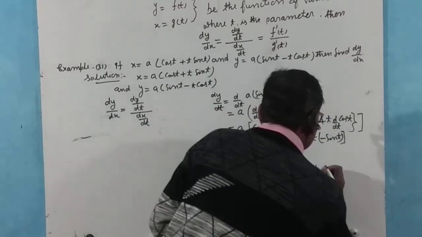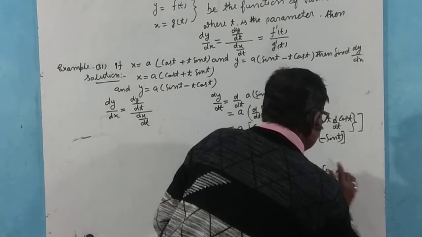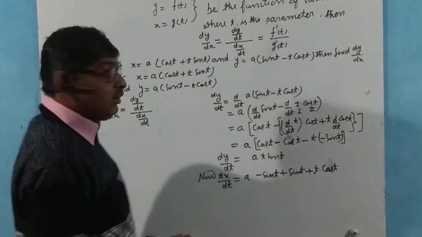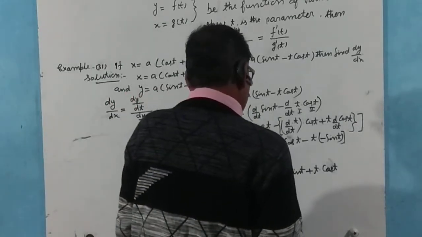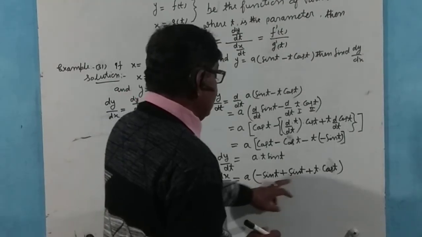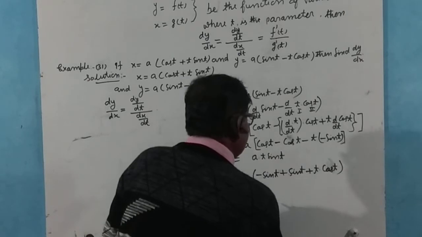The sin t and sin t cancel, so this is equal to a t cos t.